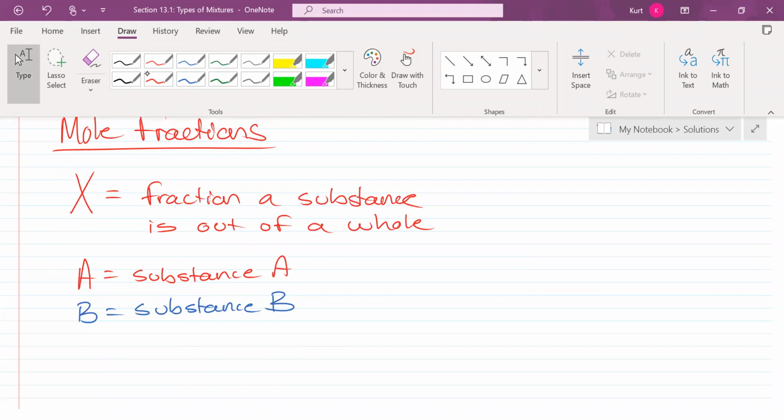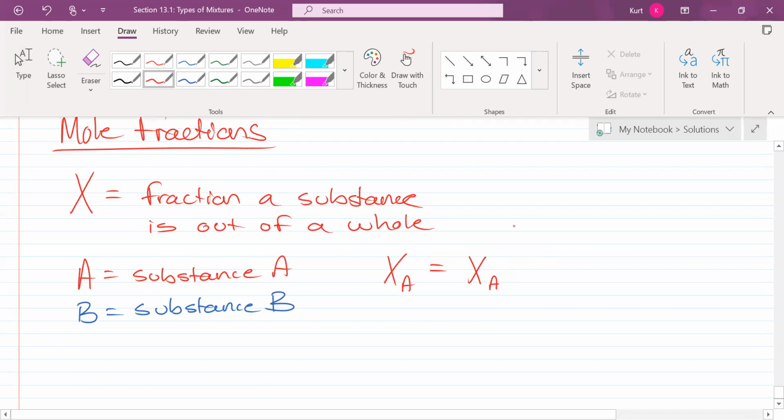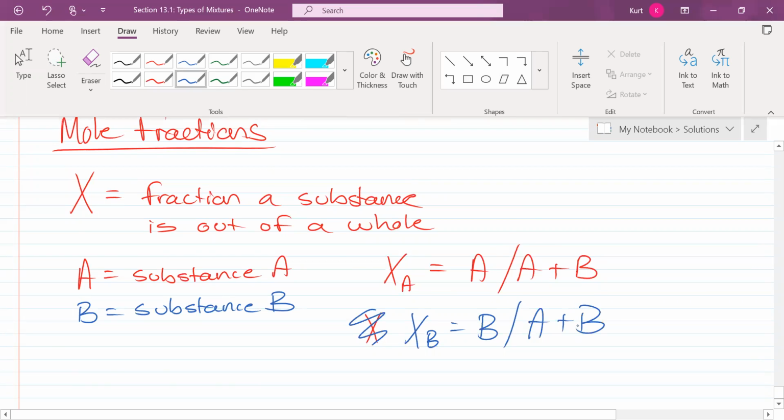If I want to know what percent substance A is out of the total, X of A is going to be A divided by A plus B. And then X of B is going to be B divided by A plus B.